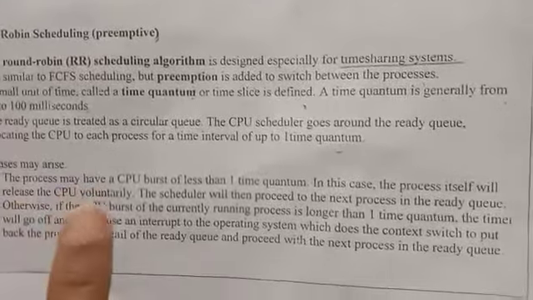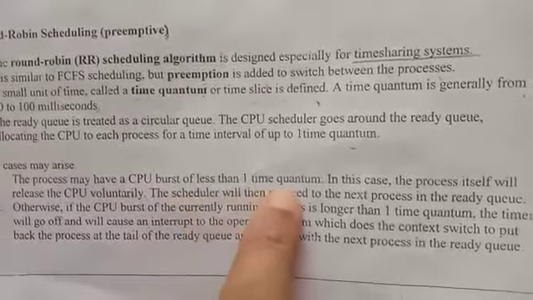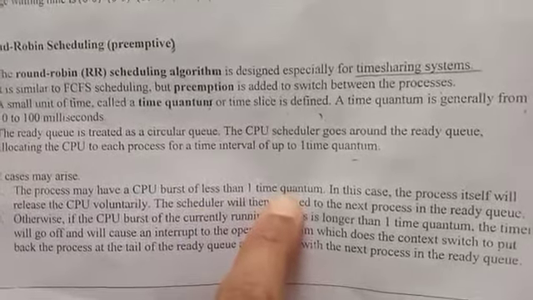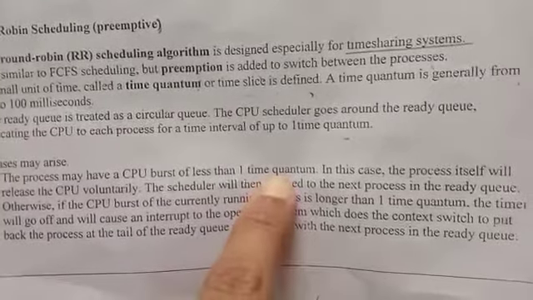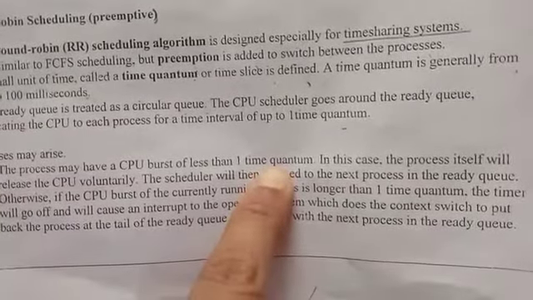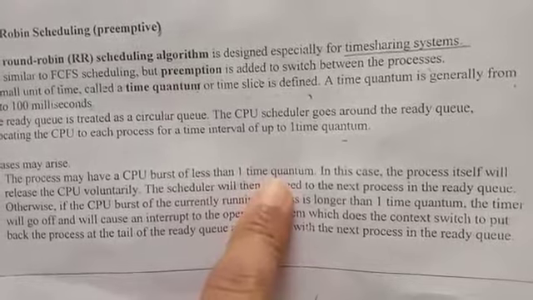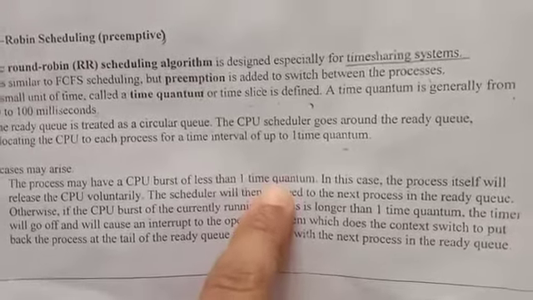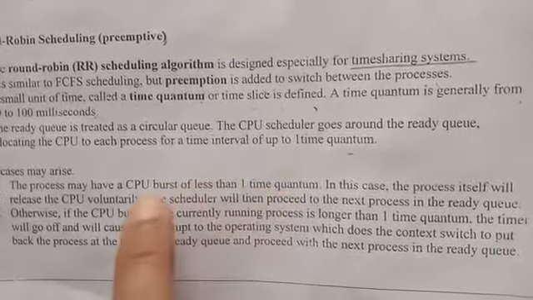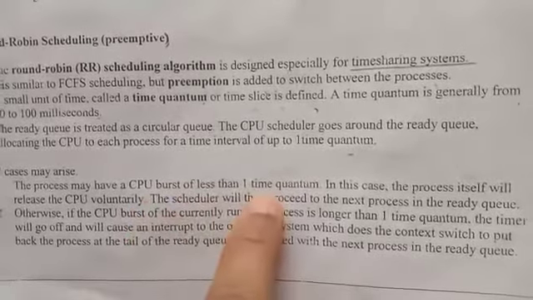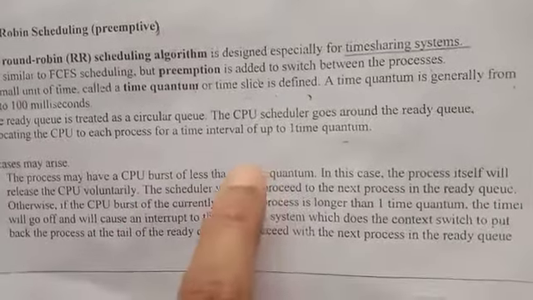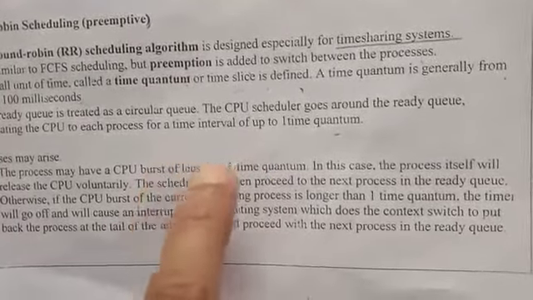The first case is that the CPU burst time is less than one time quantum. Suppose process P1 has a burst time of 5 milliseconds, and I have defined the time quantum as 10 milliseconds. So the CPU burst time is 5 and the time quantum is 10 milliseconds, which means the process could finish the job within the time limit.